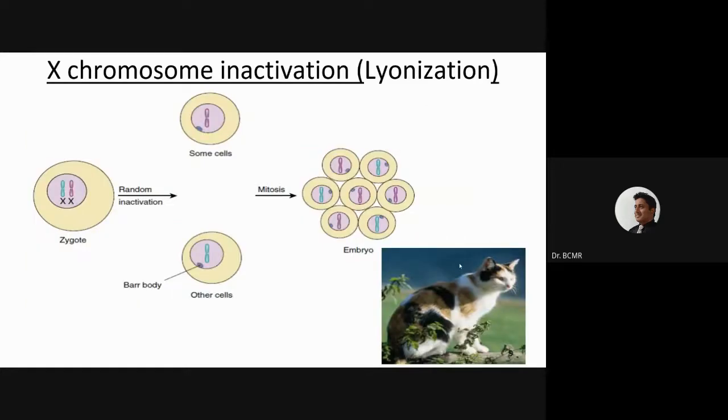You may have heard about X chromosome inactivation. In this particular example with the cat, you call it Lyonization, where the point is, at any given time, there should only be expression from one X chromosome per diploid set.